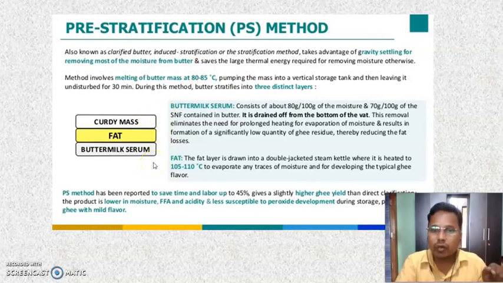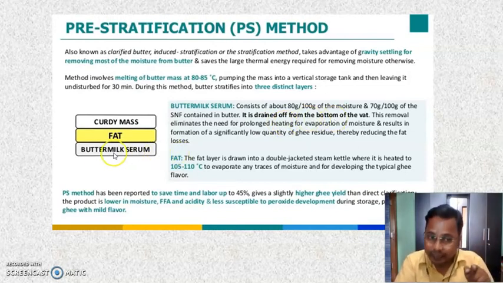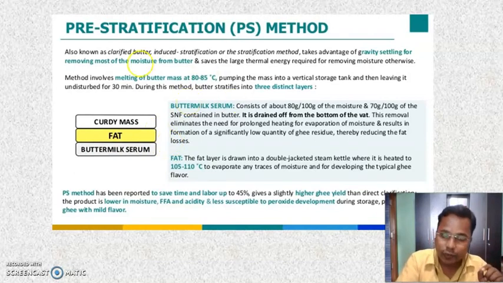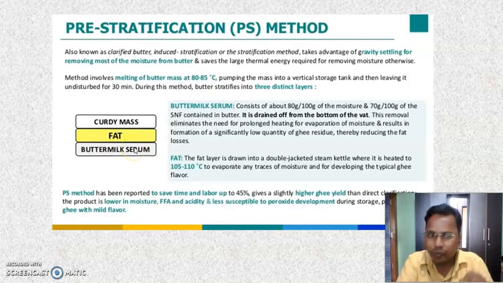It consists of 80% moisture and 70% solid, not fat. It is drained off from the bottom of the fat, as I told you earlier. It is removed from this ghee boiler by opening the tap.